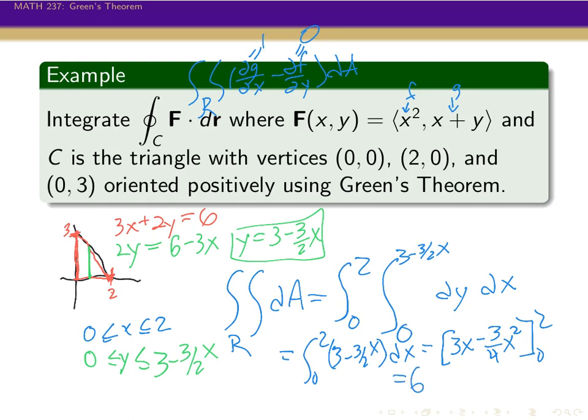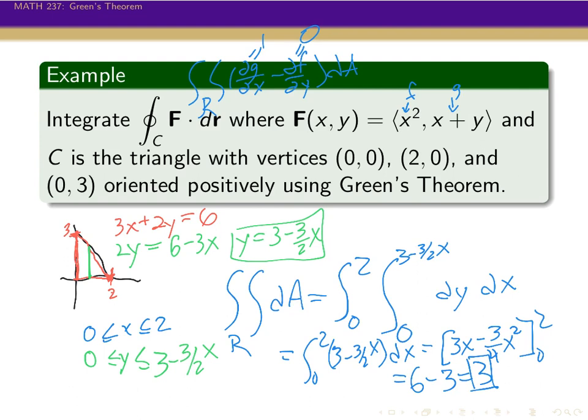I get 6 minus 3/4 times 4, which is 3, gives me 3. And so I think you'll agree that this was quite a bit faster than breaking this up as the contour integral that we did in the beginning. And so that's the power and that's the fun of Green's theorem.